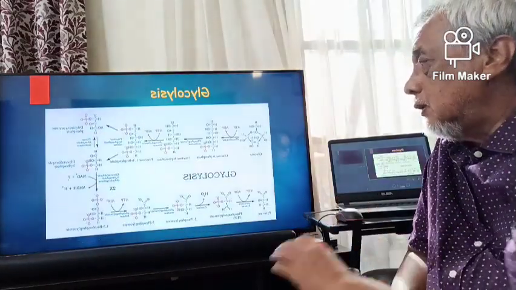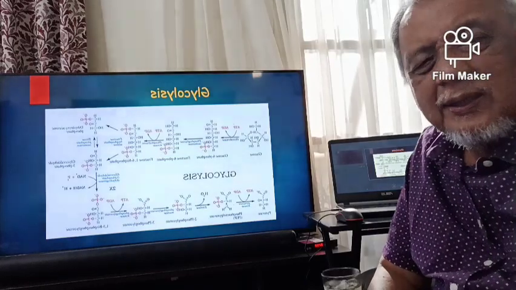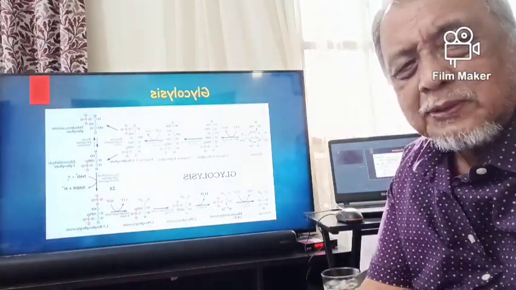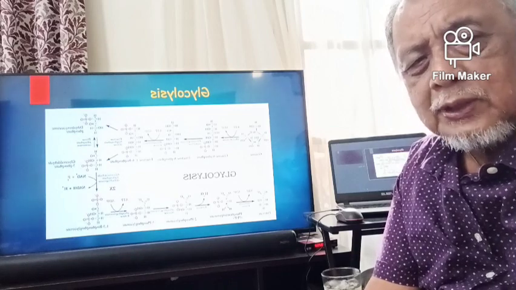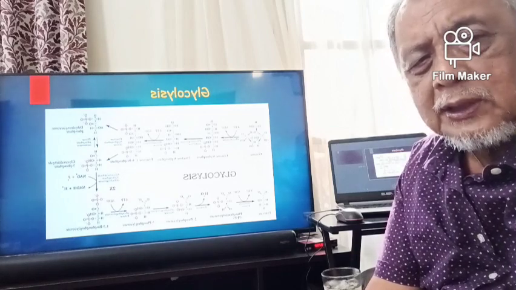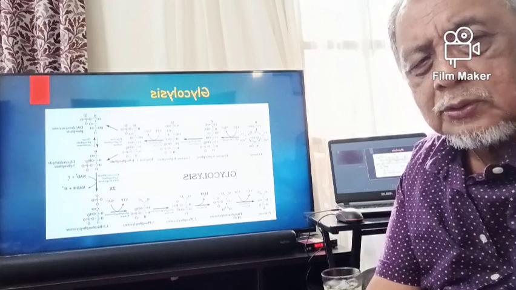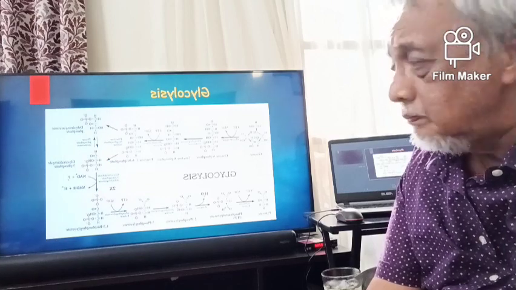So this is glycolysis. It's the summary, and I know it will just bore the people who are watching who do not have any background on chemistry, biochemistry, physiology, zoology, or whatever.